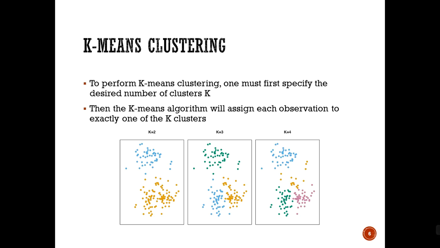So you can see that the effect of k is really important, because if you choose k to be large, it's going to be forced to break up groups like this one. Like, for example, if we choose k equal to 4, it is going to be forced to break up groups which are fairly homogeneous.